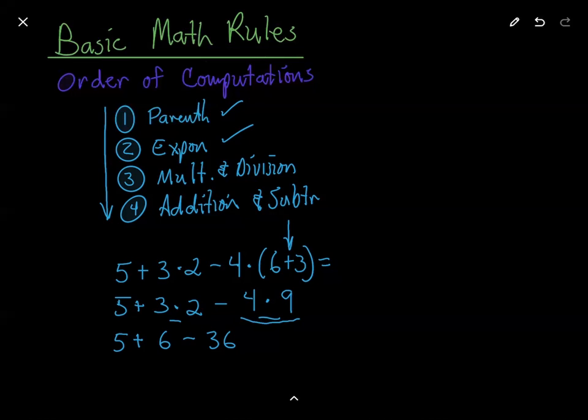Now we've gotten through multiplication and division. Then we get to addition and subtraction. So this is going to end up being 5 plus 6 is 11, minus 36 is going to equal something. Now we get back into negative and positive numbers.